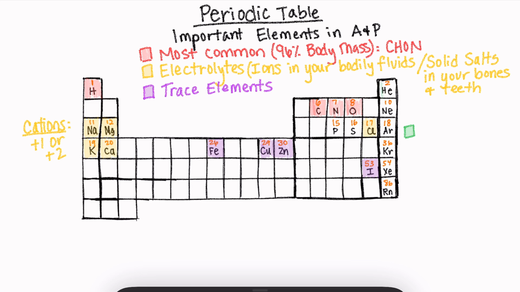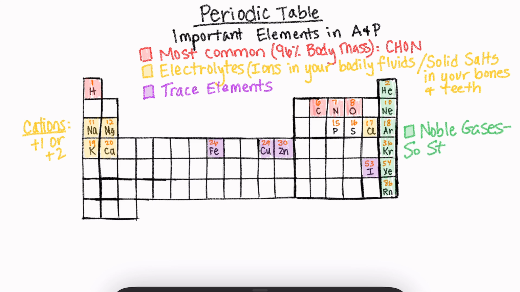These ones over here, helium, all in this column, neon, argon, krypton, xenon, and radon, these are all so stable that they don't react with anything. We call them the noble gases because they do not form bonds.